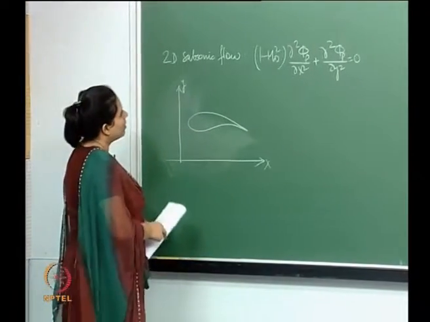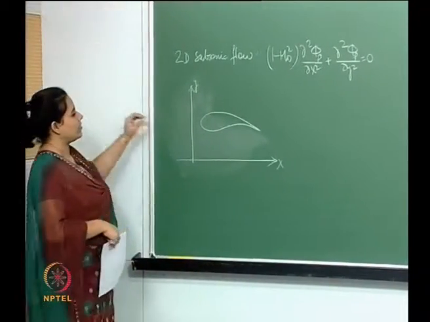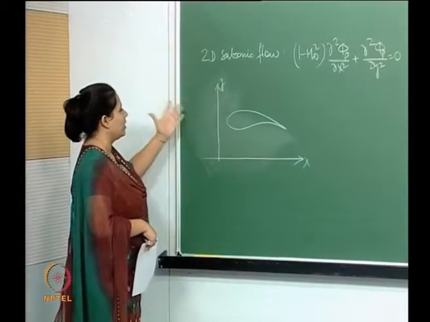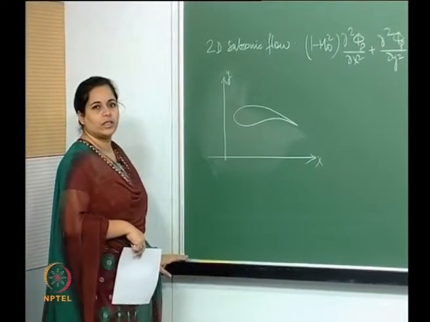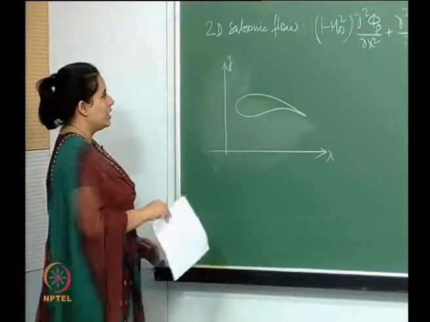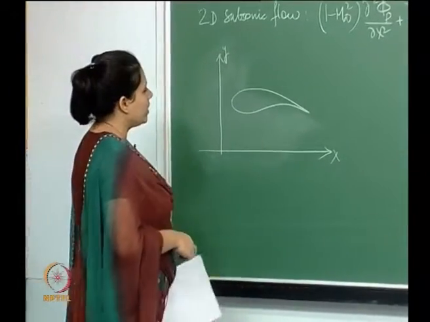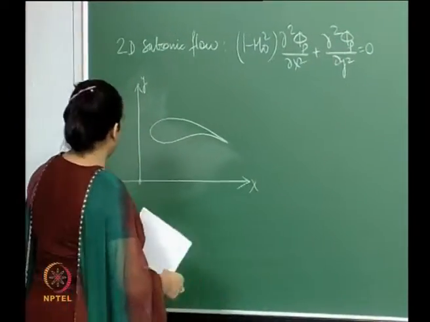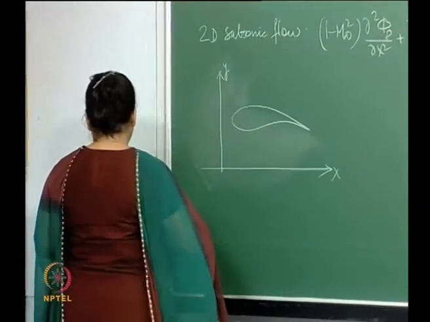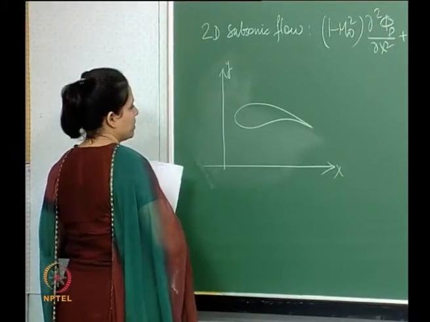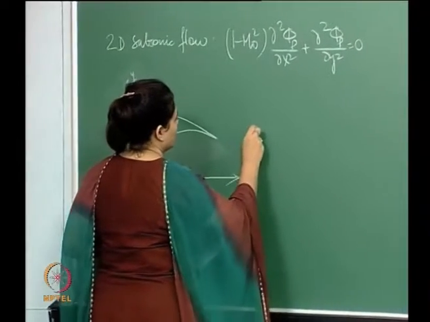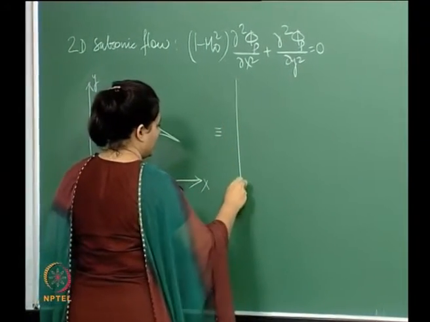Now let us see, what if instead of this x y coordinate system, I change the coordinate system a little bit? Let us say we will change this coordinate system to something like this.